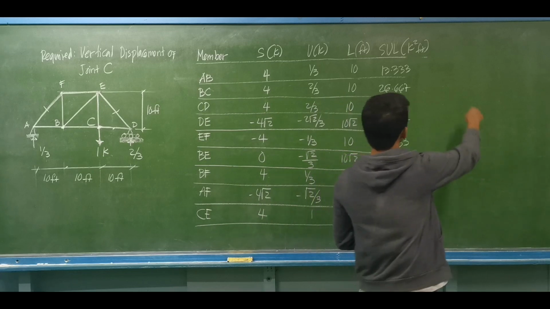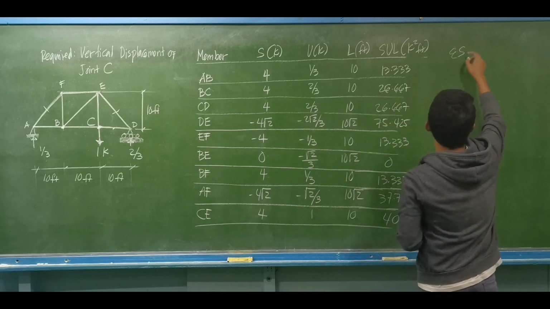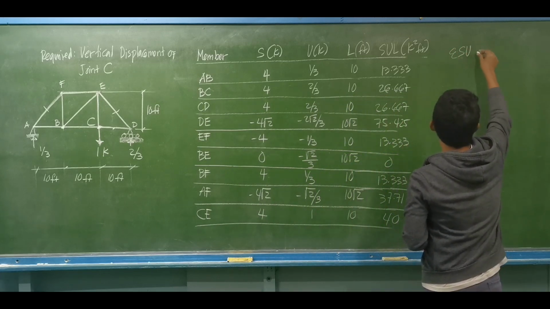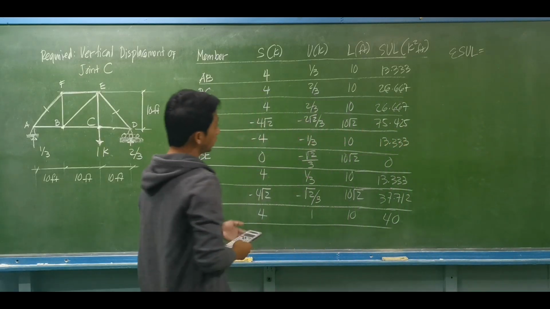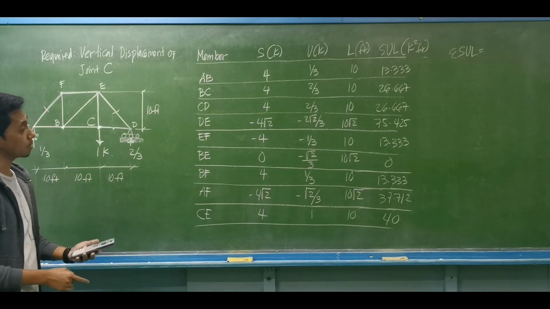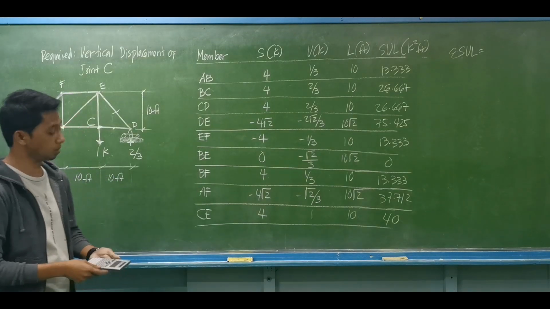So we need the summation of the values of the axial force, the unit load, times the length. So far, we did not have any negative value. I think everything is positive except for member BE, which is 0.